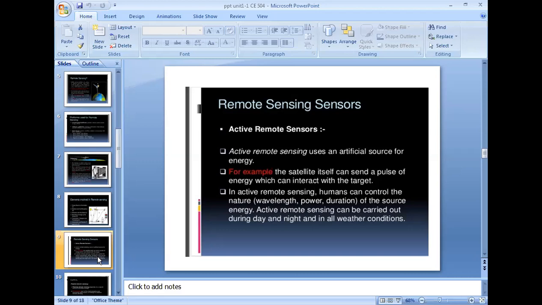Okay, so if we look at the difference between the two, passive remote sensing is the type in which we use the sun as a source of energy, and in active remote sensing we are not using a natural resource, we are using an artificial resource.